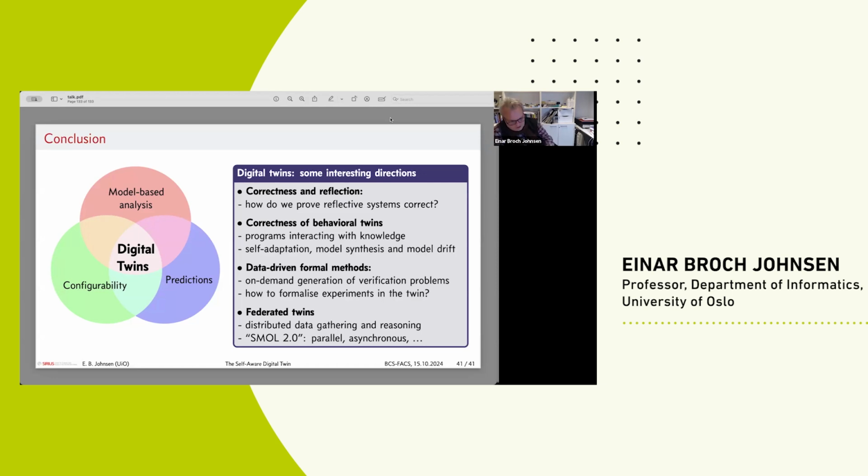So we want to link the configuration problem of the twin to the expert's understanding of the physical system to help eliminate bad configurations, so to speak. Okay, thank you.